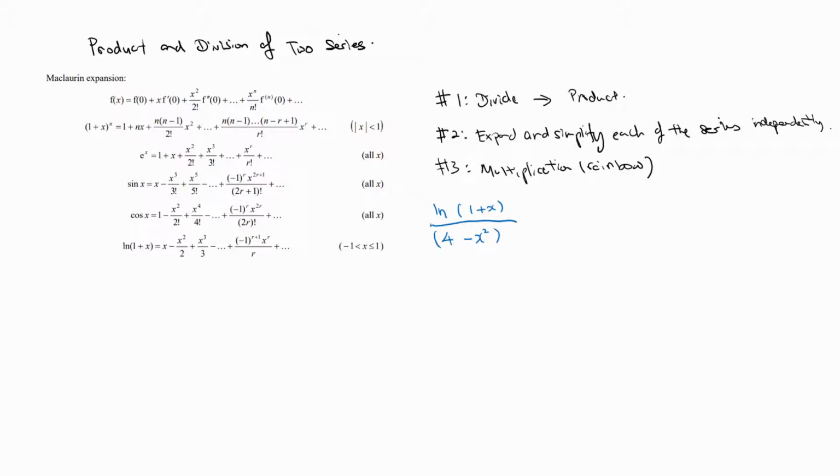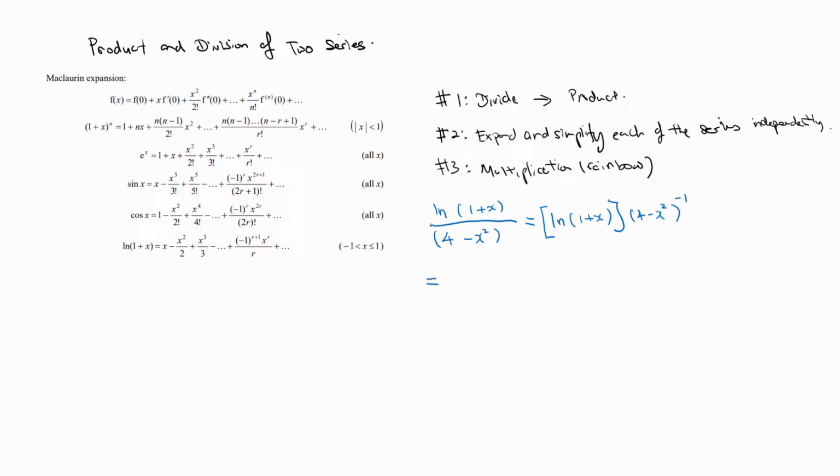So this is actually a division, but like I said, we must turn it into a product by manipulating the powers of the denominator. Using the laws of indices, it is simply ln(1 plus x), and then we multiply that by, in a square bracket so that there's no confusion, (4 minus x squared) to the power of minus 1. So now we have a product of two series.